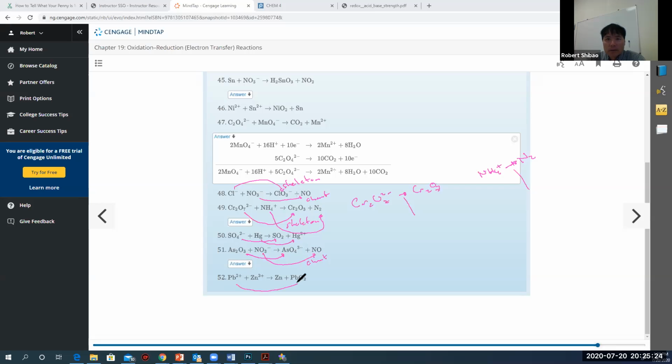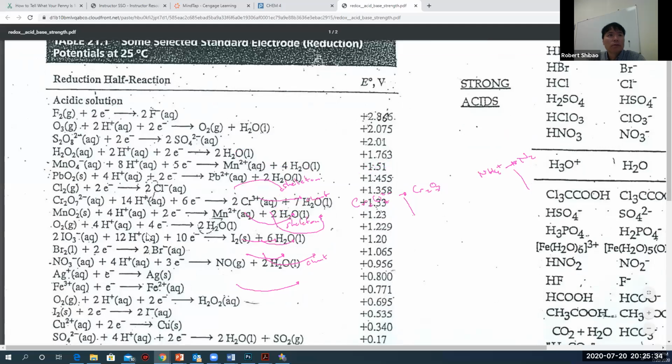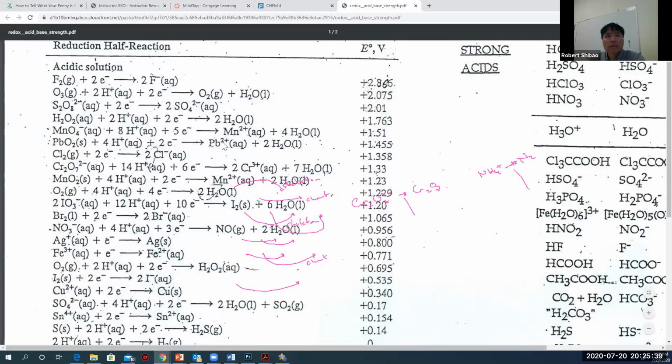Pb2+ goes to PbO2. That is on the chart, I think, on my chart. Let me check. Pb2+ goes to PbO2. That's on the chart here, so we could just copy it. We have to reverse it, because Pb2+ is the reactant.